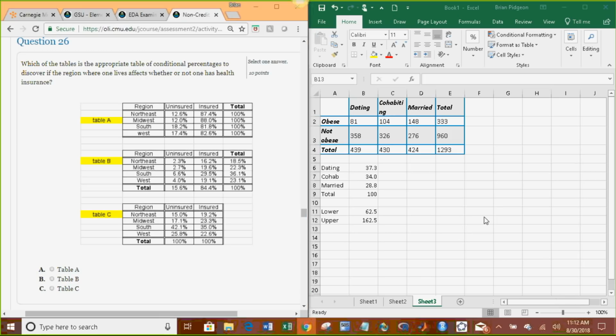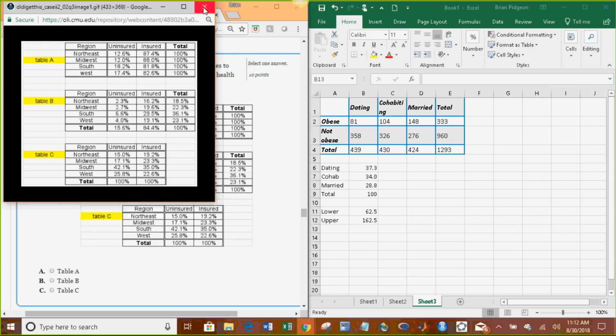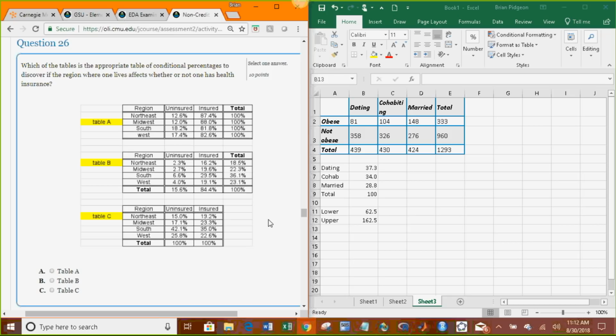All right. So from these tables, we look and see which of these kind of displays better what percentage of people are insured or non-insured. Oh, I clicked on the image. So let's look. Table A, we have 100%, so 12.6% of people in the Northeast are uninsured, 87.4%.